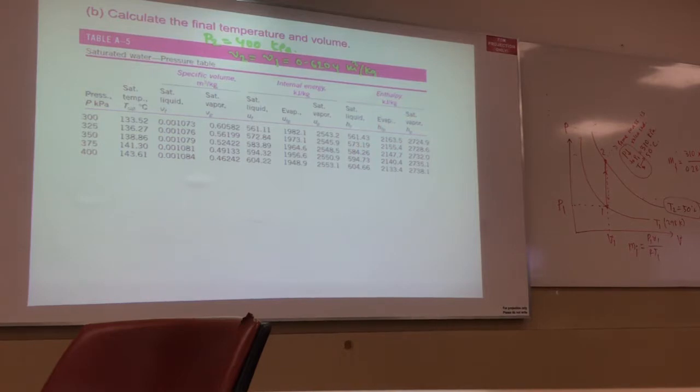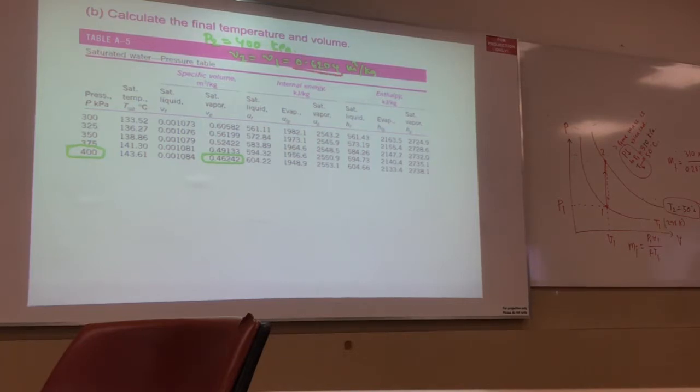Okay. So at 400, take a look. Where is the 400? This is 400, right? At 400, what is the Vg? Can you see what I write? Alright, this one. And what is V2?